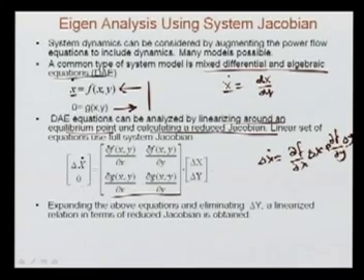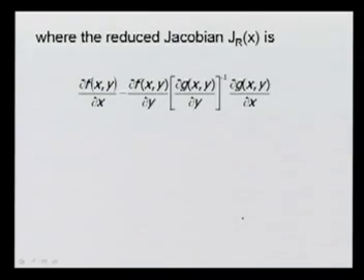Similarly we can write it for the algebraic equation, and we can write a Jacobian matrix J. Expanding this equation and eliminating the change in y, where the algebraic side is 0, we obtain a linearized relation in terms of the reduced Jacobian.